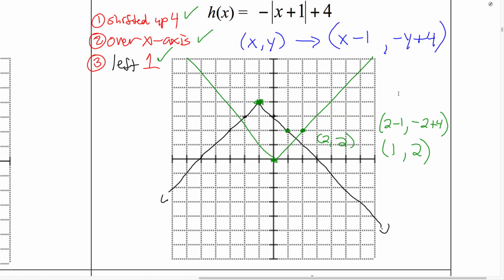Yes. The only thing I don't understand is why it's a negative y plus 4. Well, let's go back to the topic we just wrote down today. y equals negative f of x. How does the point get changed?